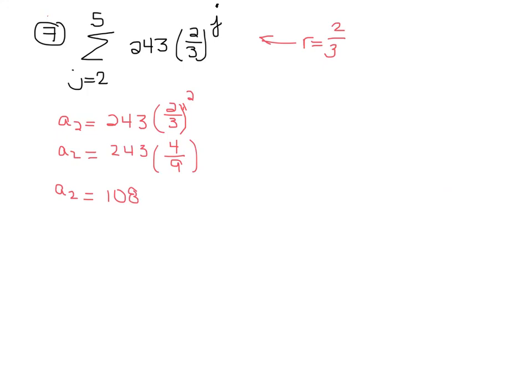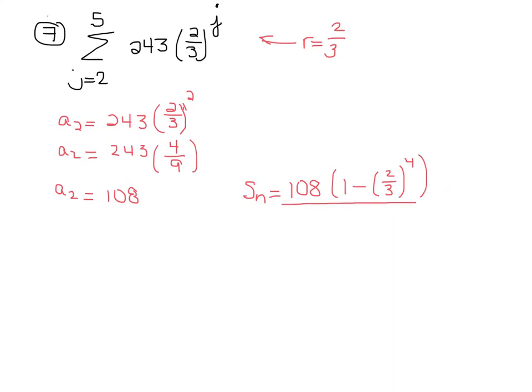Okay, time to plug in. S sub n equals our a sub 1 of 108 times the quantity of 1 minus our 2/3 to the n. What's our n? I'm going from term 2 to term 5. 4, right? 5 minus 2 plus 1.